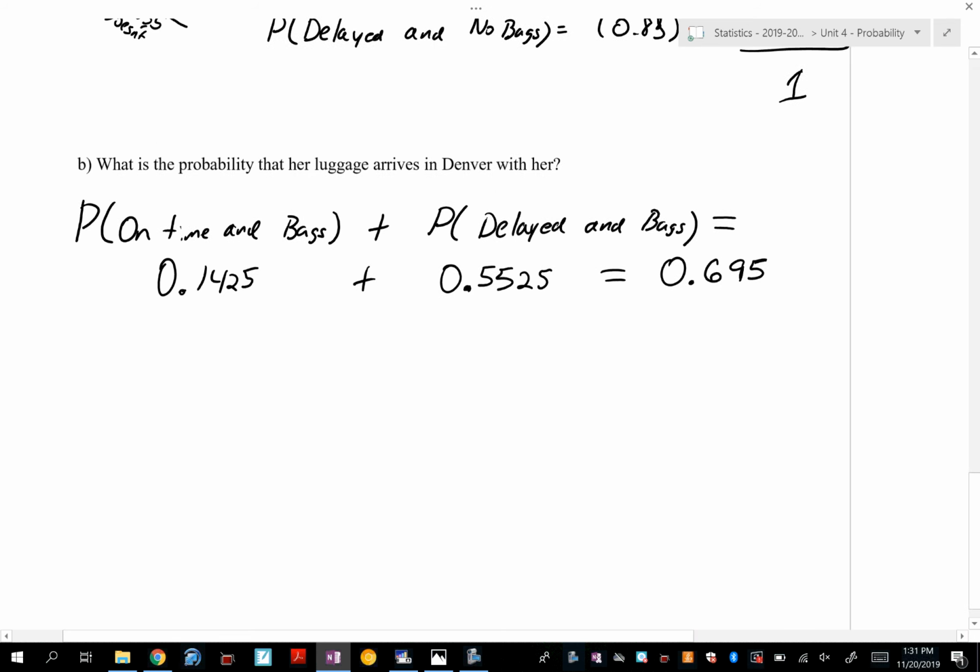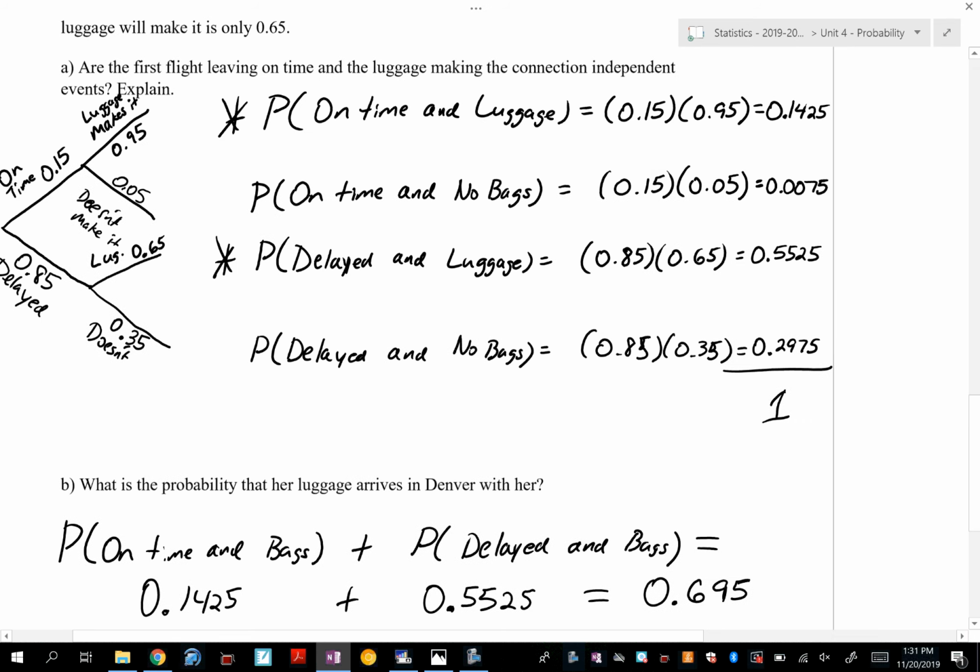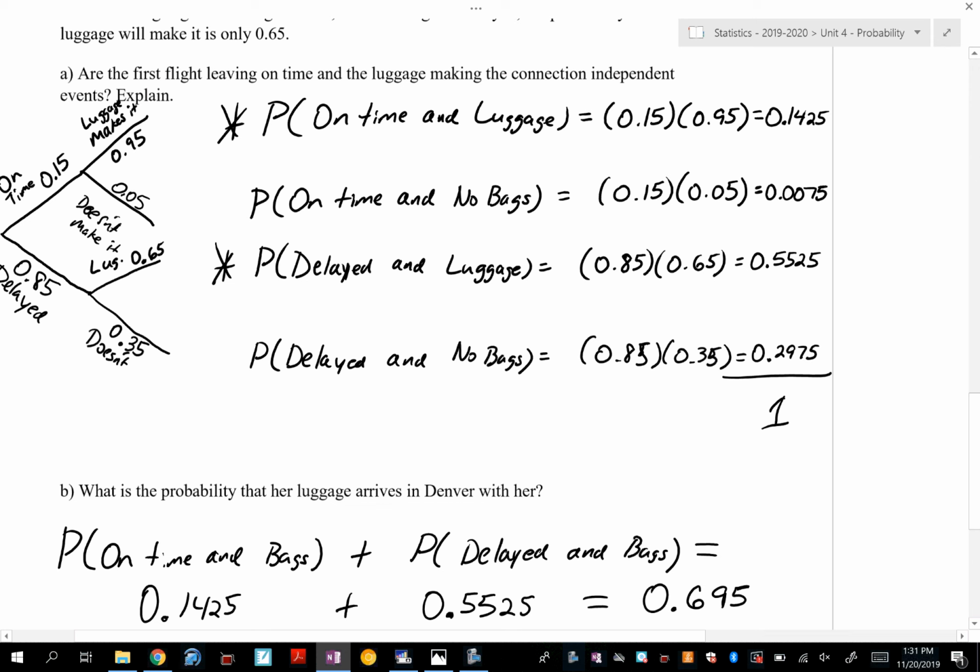Okay, great. Now, part A. Are the first flight leaving on time and luggage making the connection independent events? I'm going to go back to what we had said in the chapter 14 quiz. Independent events means the likelihood of one happening is unaffected by the other one also happening.